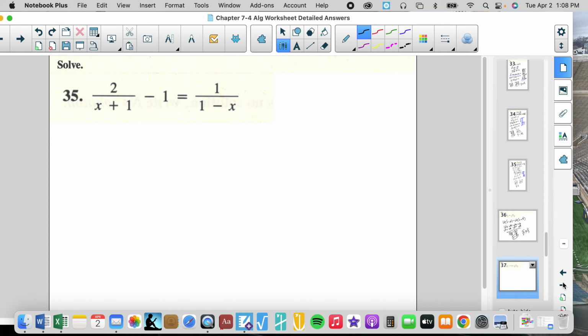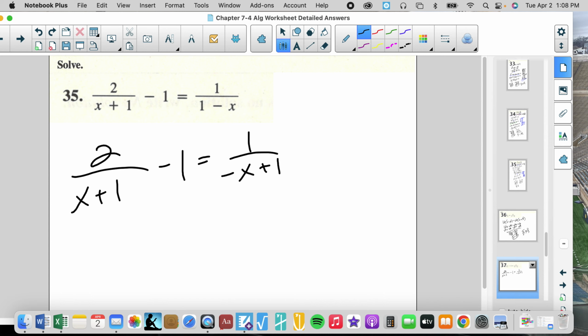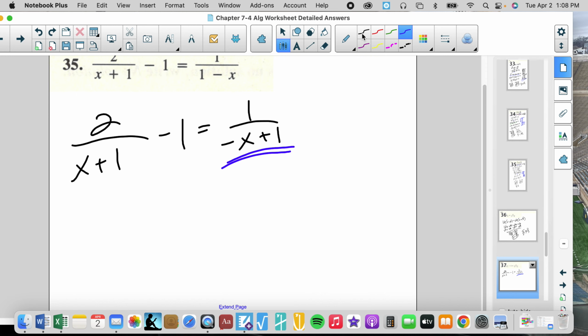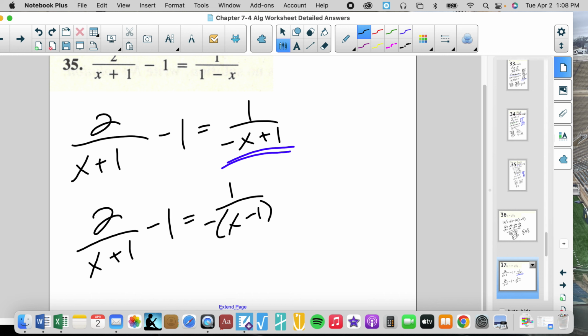Here's a fun little trick. We're going to rewrite this to find a common denominator a little bit easier. I'm going to rewrite this as negative x plus 1, and then I'm going to factor out a negative from this. I'm going to rewrite that, and it'll look like this. 2 over x plus 1 minus 1 equals 1 over negative x minus 1.